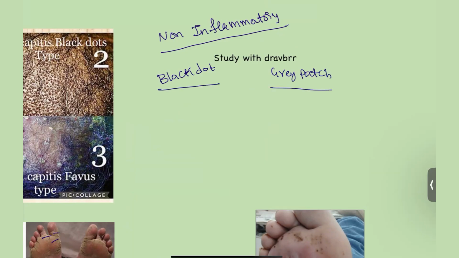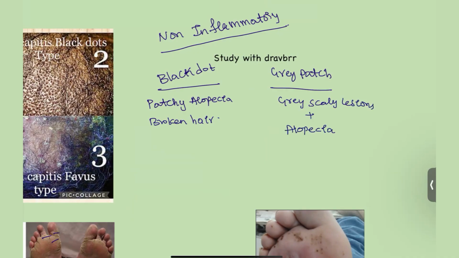Black dot is going to involve patchy alopecia with broken hair. Whereas gray patch is going to be seen with gray scaly lesions, again with alopecia.